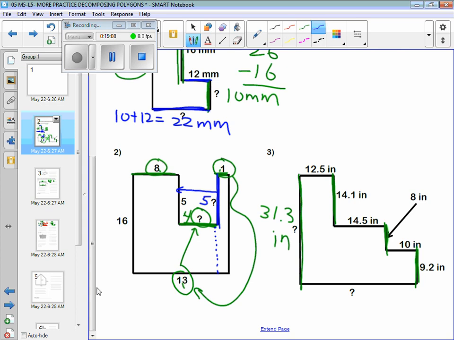Same thing with my horizontals. To find this, I need to add this, plus this, plus this. That'll get you 37. All right, let's go on to problem number 4.